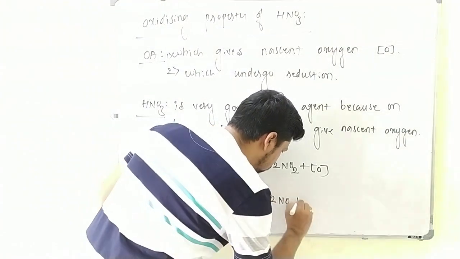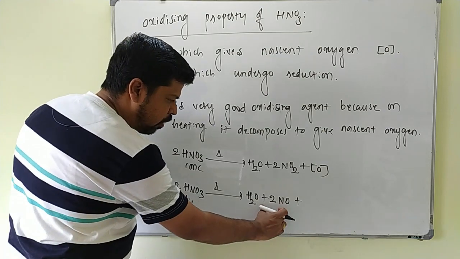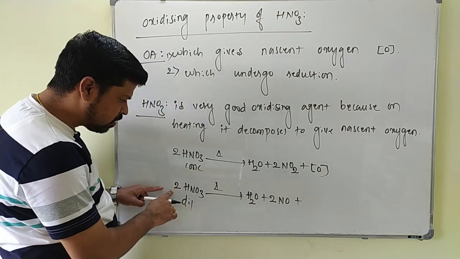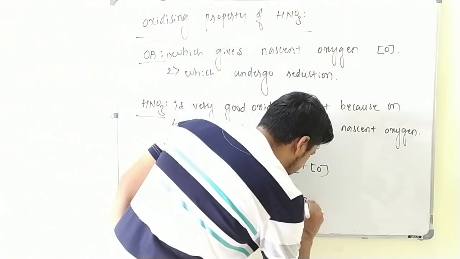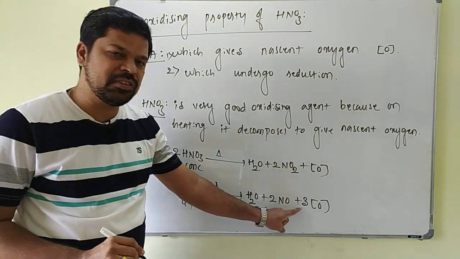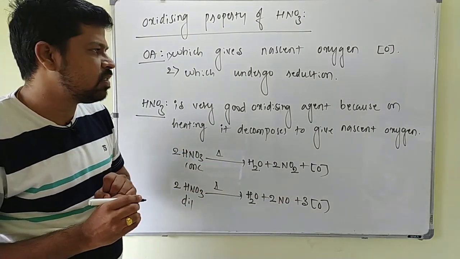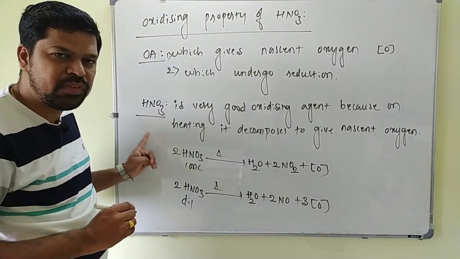So totally how many oxygens have we utilized here, 1 and 2, 3 oxygens. Remaining 3 oxygens come out as nascent oxygen. So dilute HNO3 gives 3 nascent oxygens. If you take the concentrated one, it gives only one nascent oxygen. This is the decomposition reaction of HNO3.